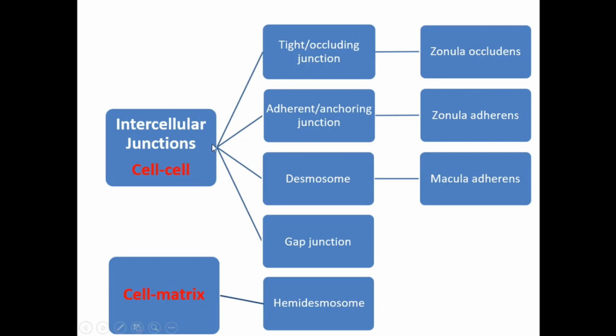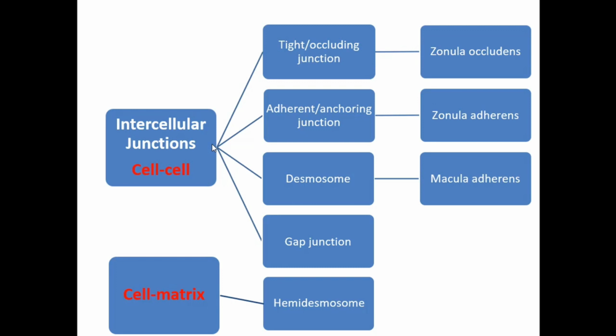If you remember, we said each surface of epithelial cells has some features, and we taught the apical surface of the cells features, like the cilium, like the stereocilium, and also the microvillus.